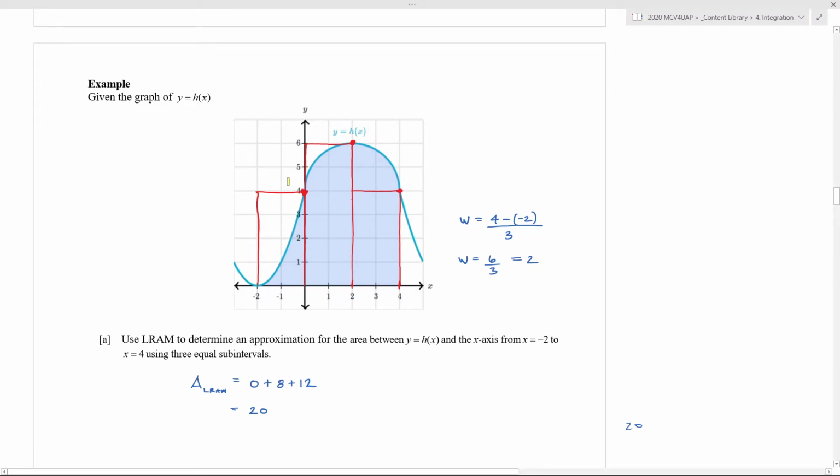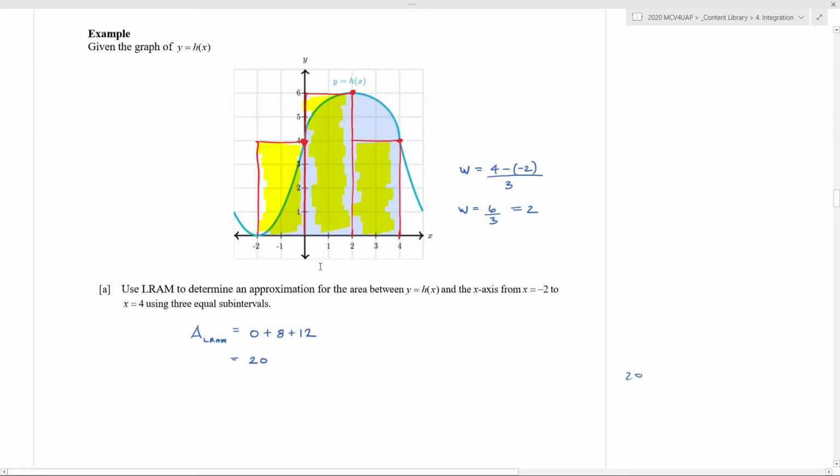So now I've got all this yellow shaded region approximating the blue area. Now this is obviously a really rough estimate, but I'm just trying to give you a sense of how this all works.